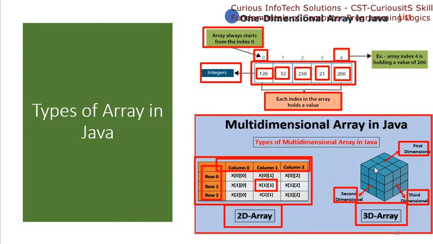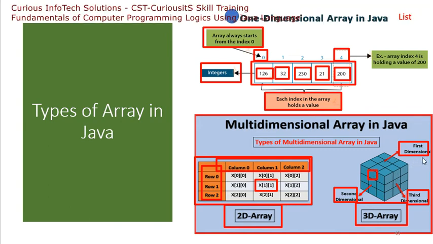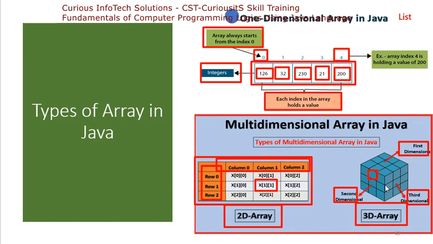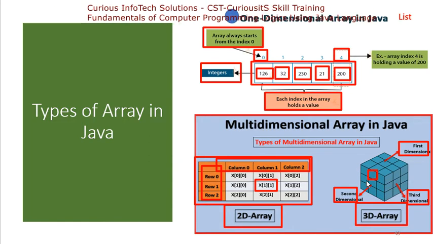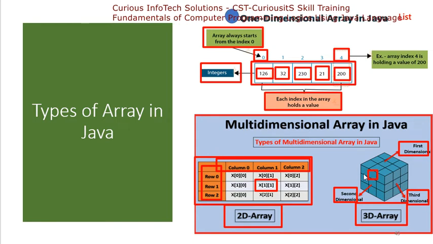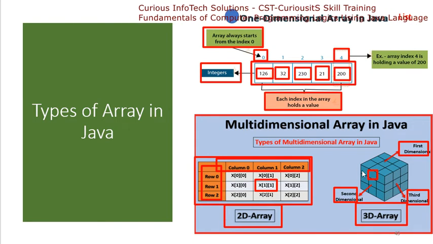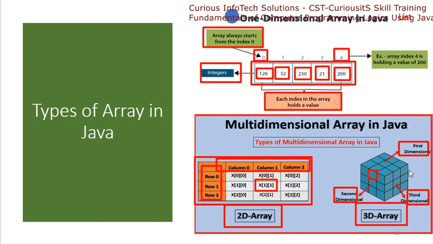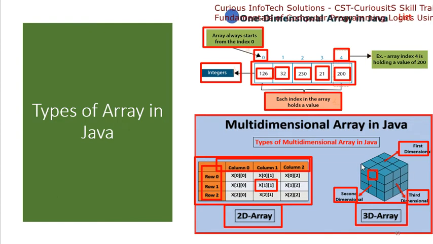Here we can use three indexes. Let I have a value here, यहाँ पे मेरे पास कोई value है. So this value is in which frame we will get this array. So let this be the first frame, the second frame, third frame, fourth frame, fifth frame, like that. So we have frames of 2D यहाँ पे.